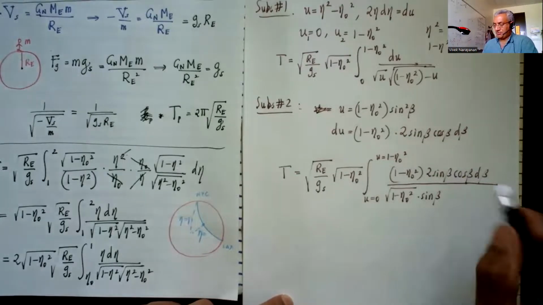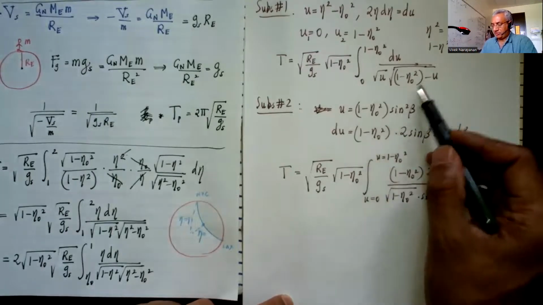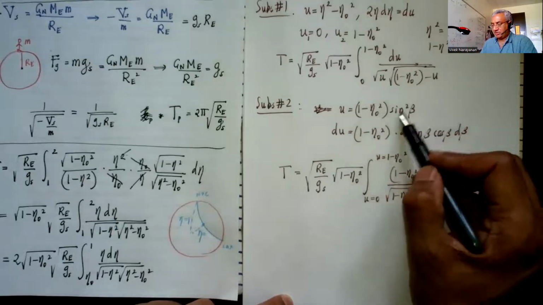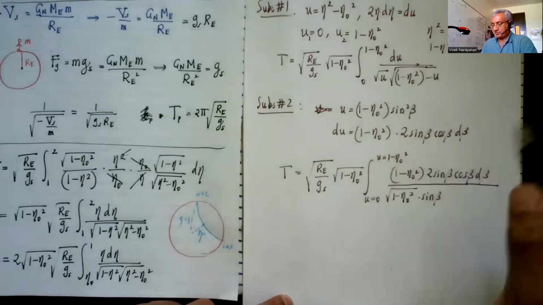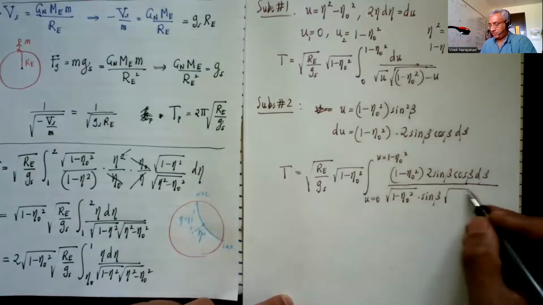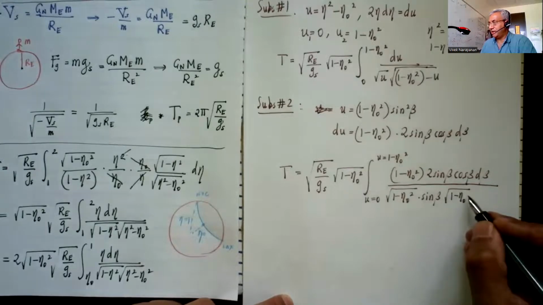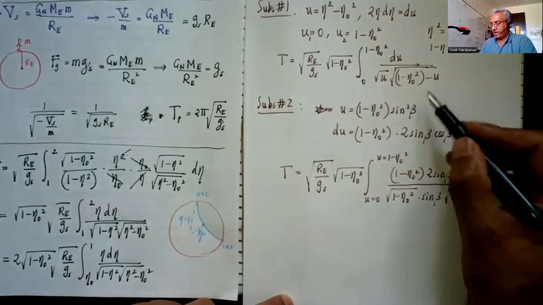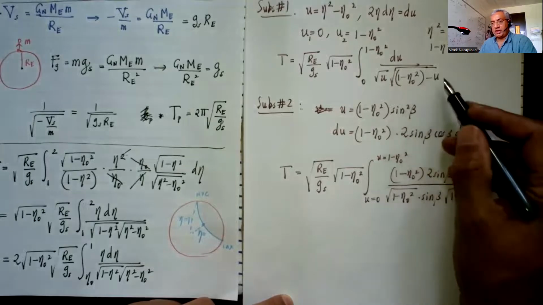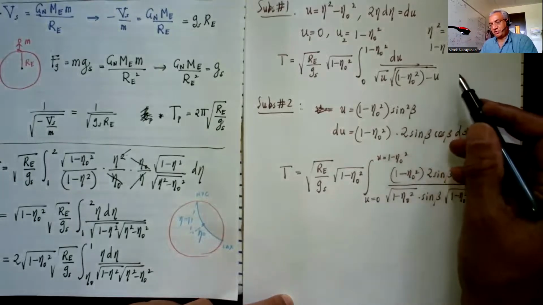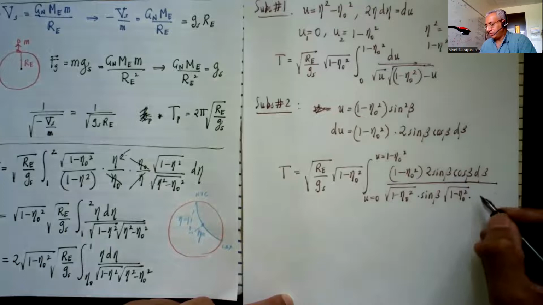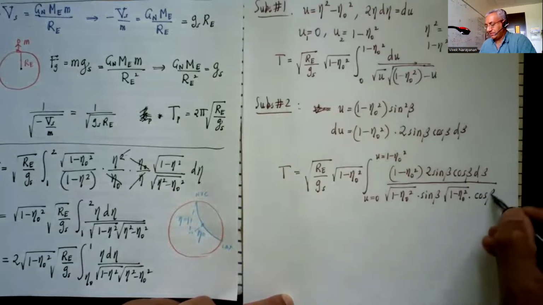So that's set up for that, because when I put u equals this quantity, this comes out. So I'll get the square root of 1 minus eta naught squared coming out. And then I'll get 1 minus sine squared, which is just cosine squared. I put that under the square root, so it becomes just cosine beta.